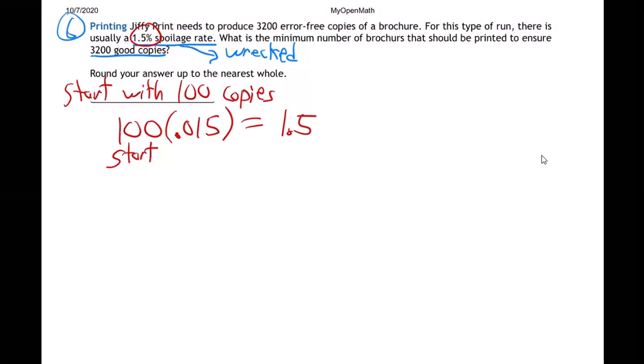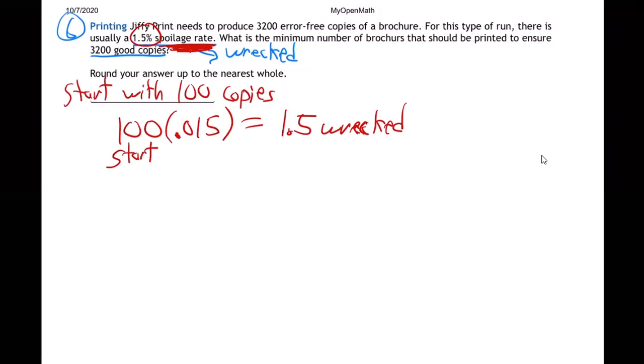You add that to, or no, I'm sorry. Remember, it's spoiled. That means you're wrecked. You subtract from 100, right? We need to subtract it from 100, right?